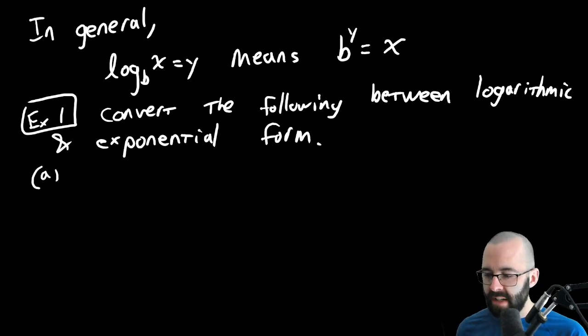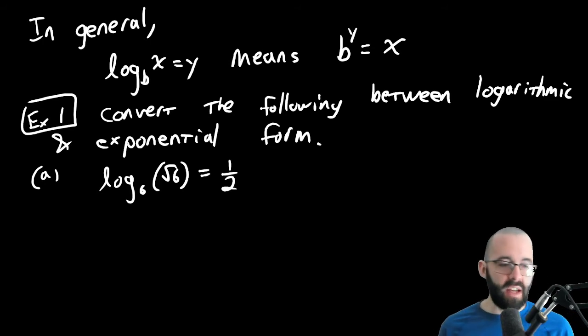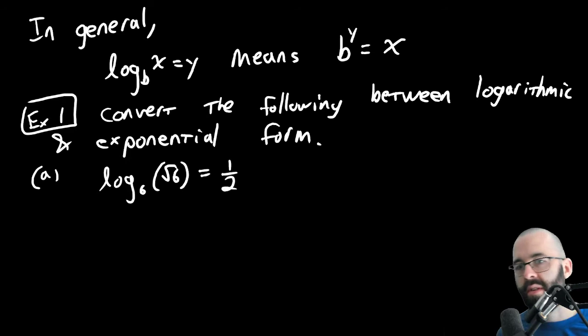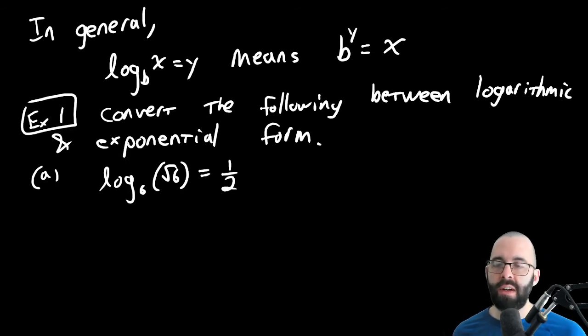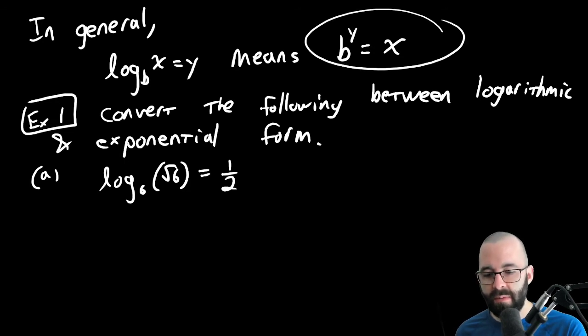So part A is going to say log base 6 of the square root of 6 equals 1/2. So this is a true statement. This is an equation in logarithmic form, and this is mathematically true. The log base 6 of the square root of 6 is equal to 1/2. We'll actually compute logarithms in the next video. But this is not asking you to compute anything. It's in logarithmic form. How do we convert that to exponential form?